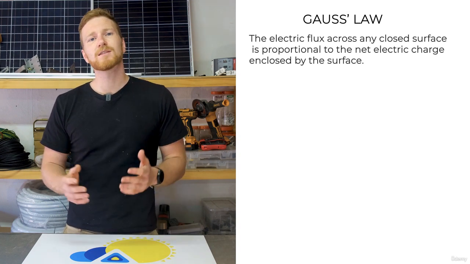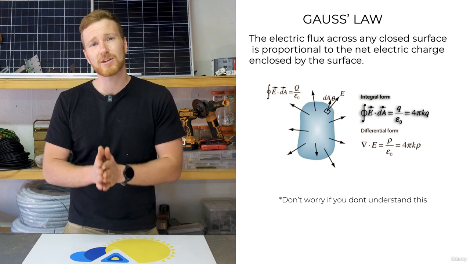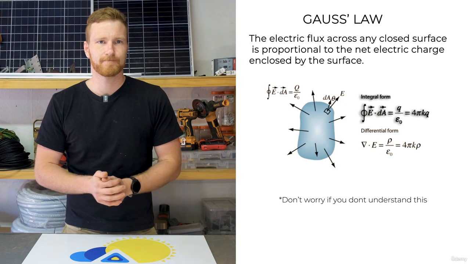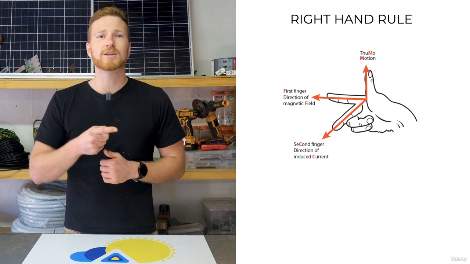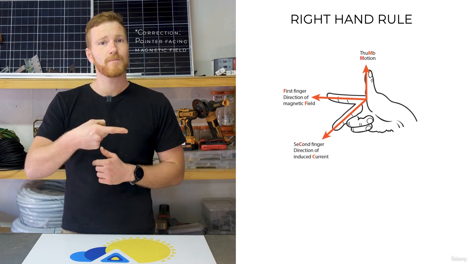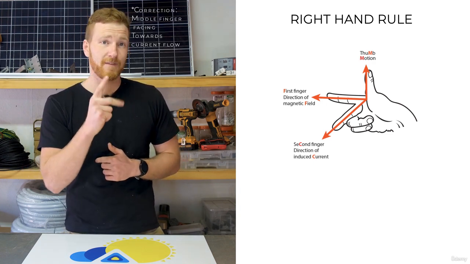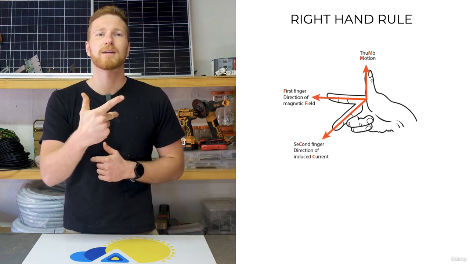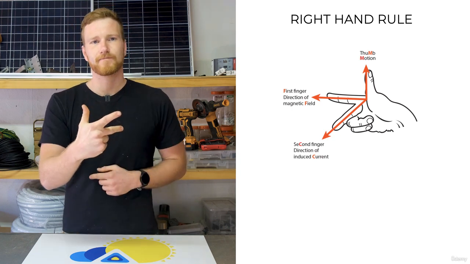The electric flux across any closed surface is proportional to the net electric charge enclosed by the surface. The right-hand rule. If you point your pointer finger in the direction of the and then your middle finger your thumb points to the direction of the magnetic force pushing on the moving charge.